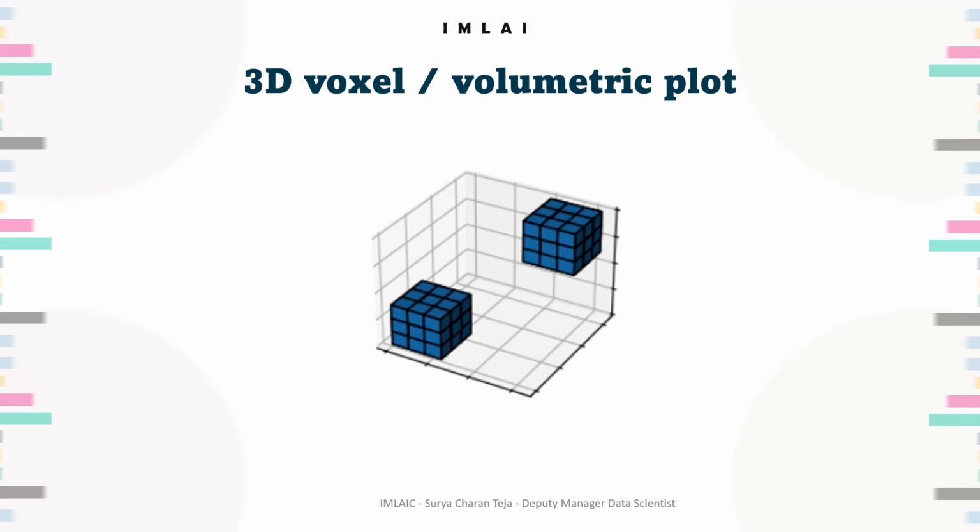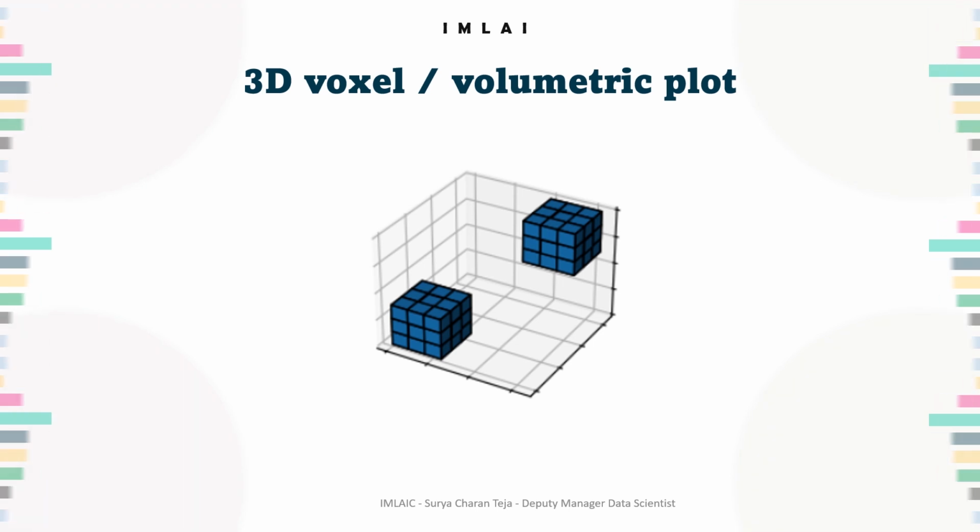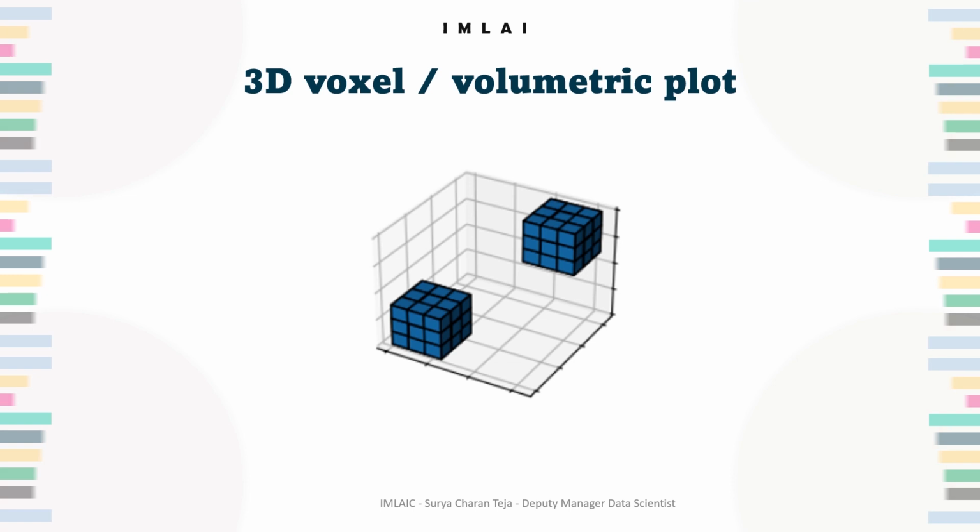So a pixel is a square inside of a 2D image with a position in a 2D grid and a single color value, whereas a voxel is a cube inside of a 3D model with a position inside a 3D grid and a single color value.